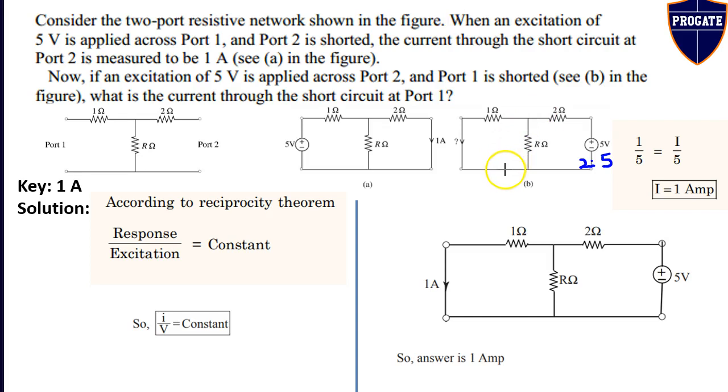Now consider another question wherein at port 2, instead of applying 5 volts, only 2.5 volts is applied. What is the value of the short circuit current at port 1?